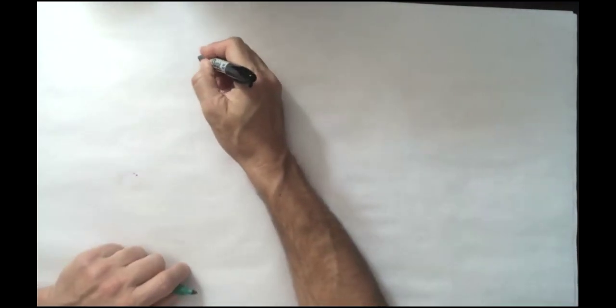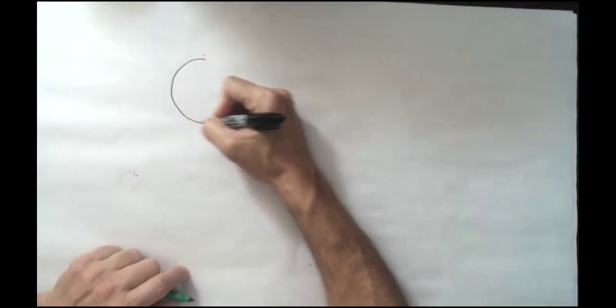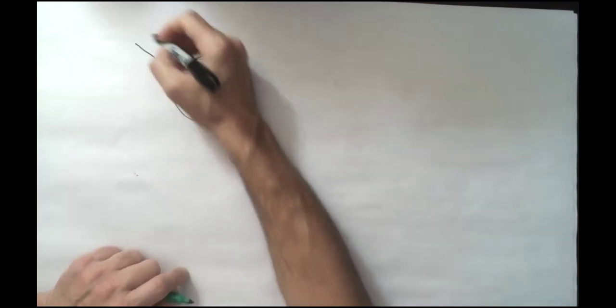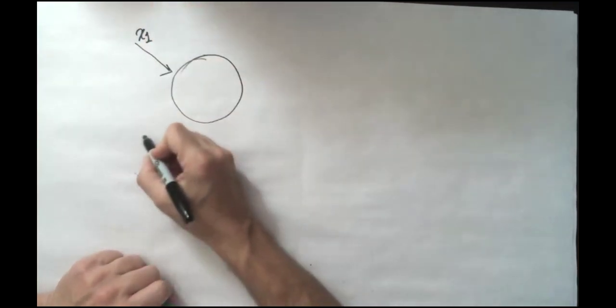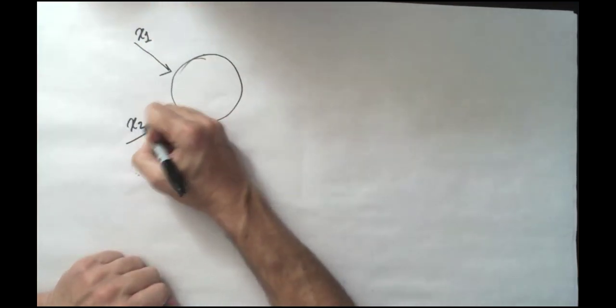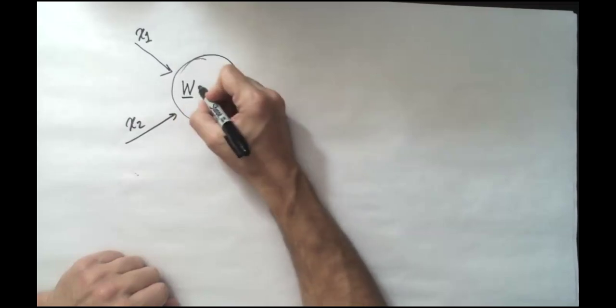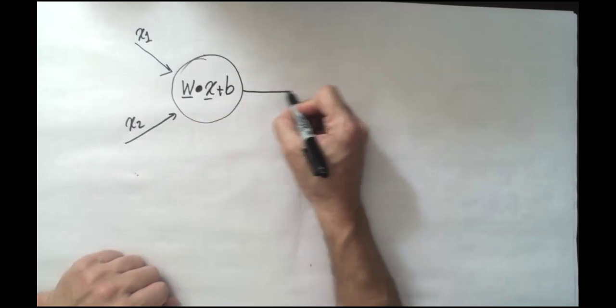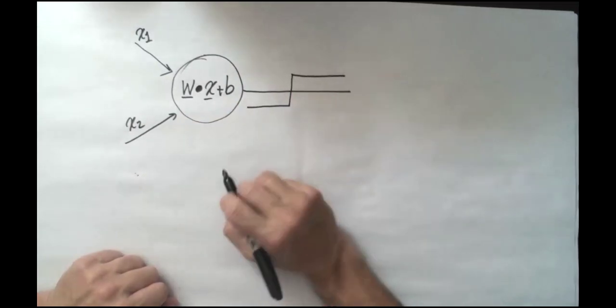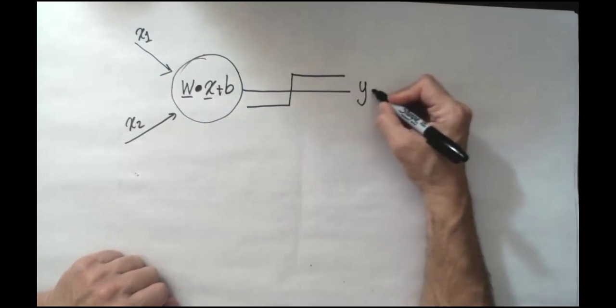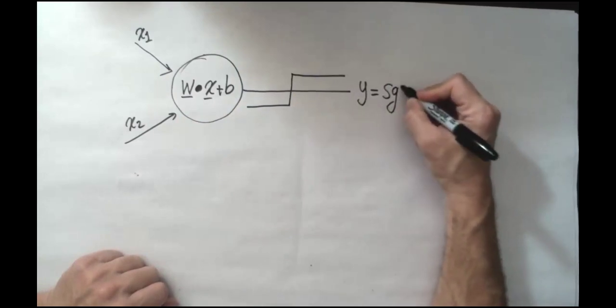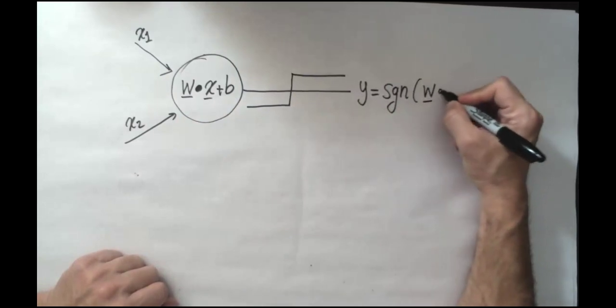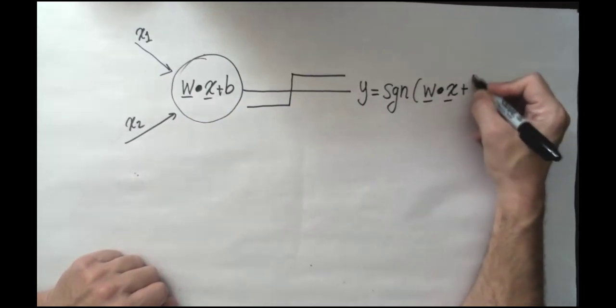So again, I'm going to draw our perceptron. We have two inputs, W dot x plus b. Then here, through the axon, there is the activation function, which is going to give me the output.